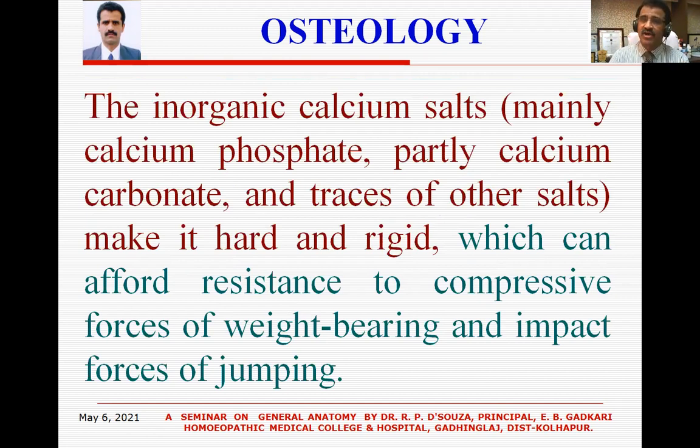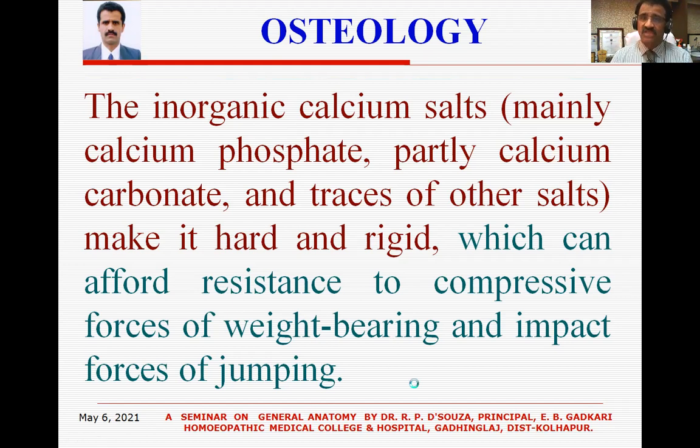Okay, the inorganic calcium salts which are present in the bone are mostly calcium phosphate and partly calcium carbonate, and there are traces of some other salts. These salts make bone hard and rigid, which can afford resistance to compressive forces such as weight bearing and impact of jumping. So easily the bones do not get broken because of the strength provided by these various inorganic salts.